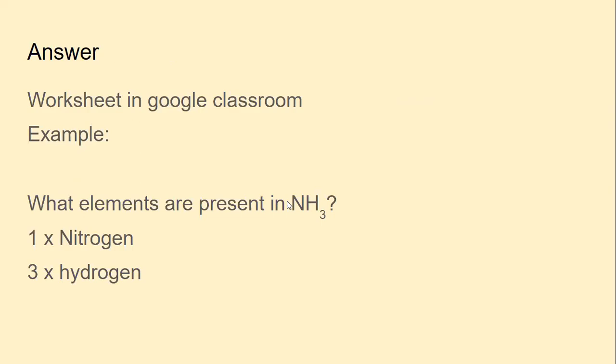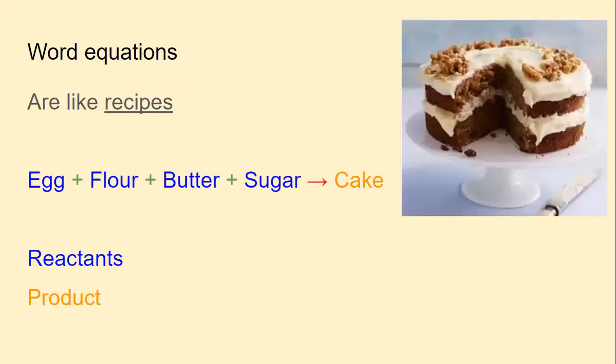Okay, so now we're moving on to word equations. Word equations are basically recipes for how to make different compounds, just to put it in a really simple way. In the same way that you have a recipe for making a cake, you'd have egg plus flour plus butter plus sugar makes a cake.